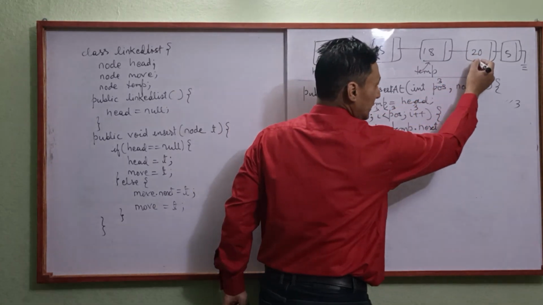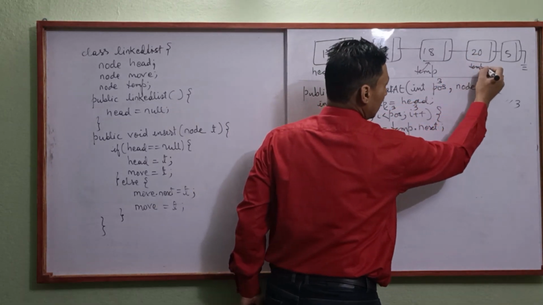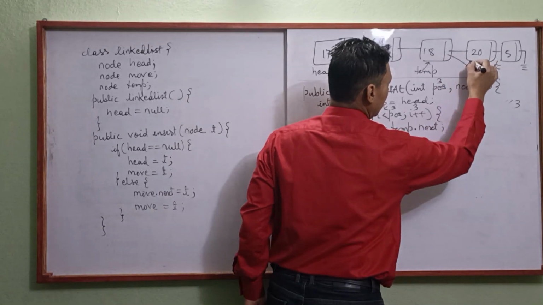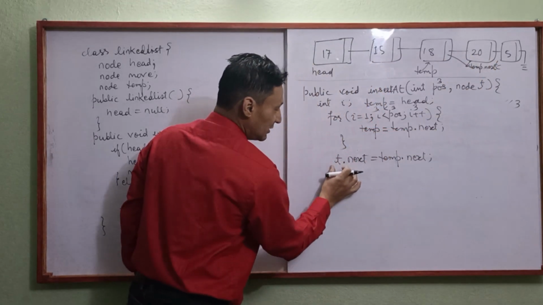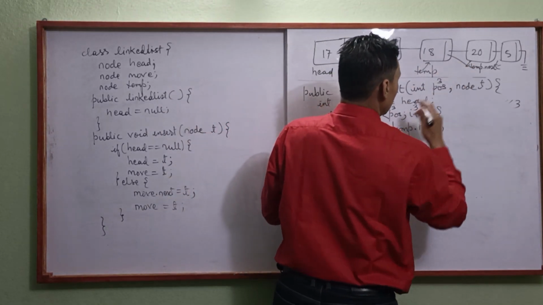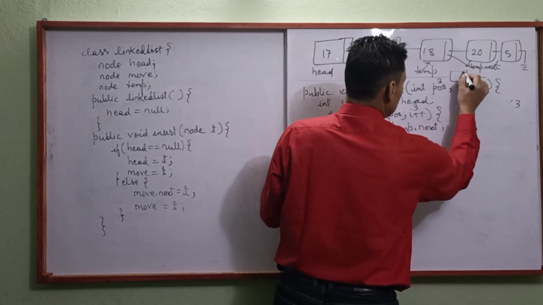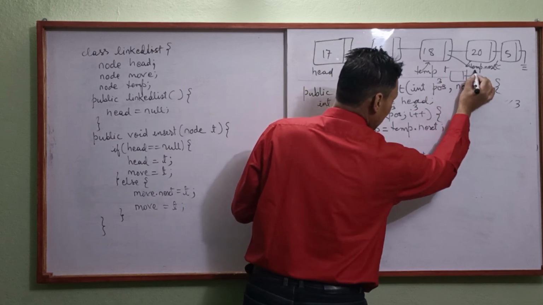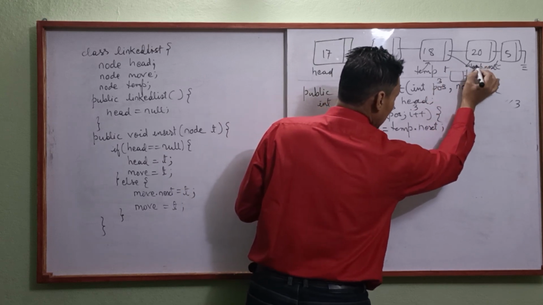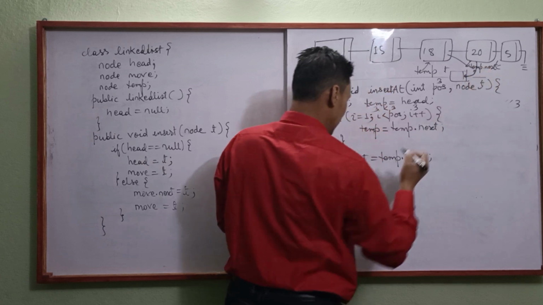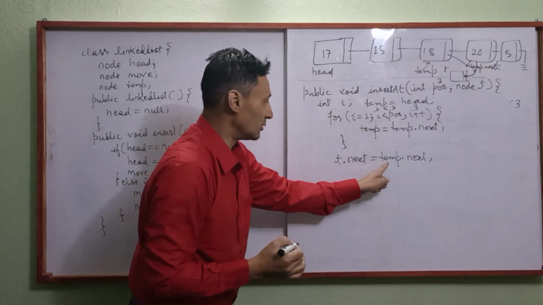This is temp dot next. Now suppose I write a small one: our new node is this, and this is t. Now t dot next we assign temp of next. That means we will get the reference of this node in this position. So t dot next equal to temp of next.